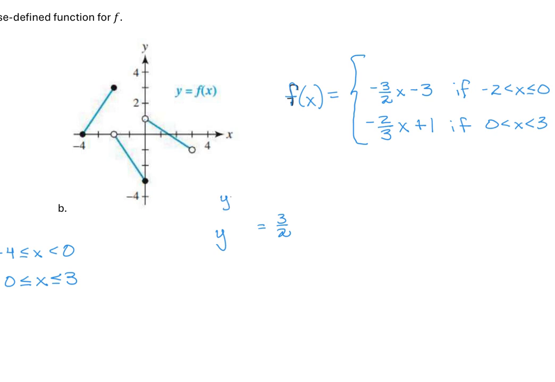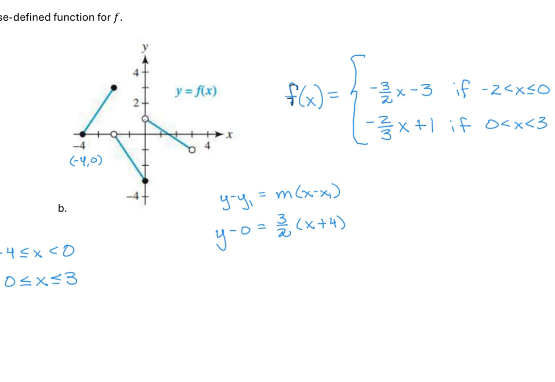So just a reminder, point slope form, we have y minus y1 equals m times x minus x1. You can use any point that's on here. I'm going to go ahead and use my x-intercept, -4, 0. And so when we plug this in, we have y minus 0 equals 3/2 times x minus negative 4 becomes a plus 4.